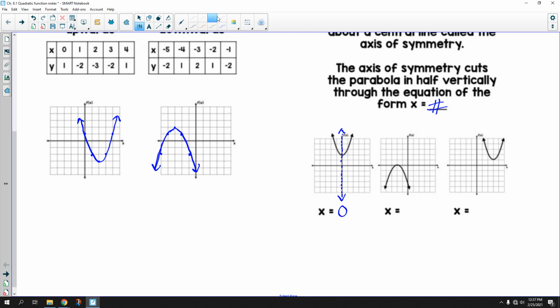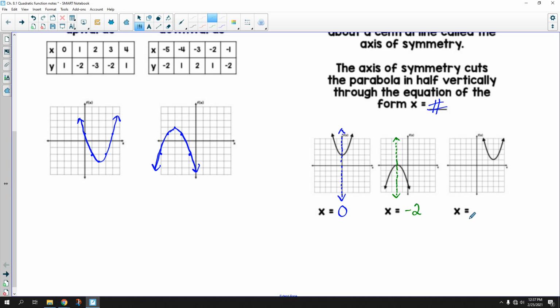On the next one, if we were to fold this parabola in half vertically, we're going to draw the line of symmetry through where the fold goes. Here's our axis of symmetry. So x equals what? Where does it go through on the x-axis? Tell me in the chat box. Very good, guys. x equals -2.